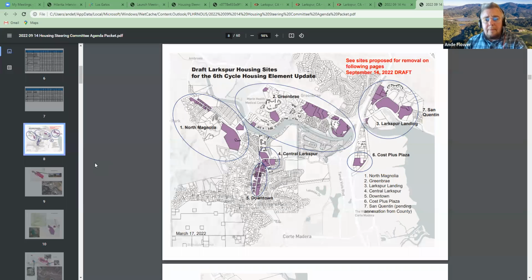We know that we have to provide a lot more evidence of the reasonableness in imagining that each site might get developed over the course of this next cycle. We've also heard from some property owners, some who are in favor of considering development on their site, and others who absolutely do not want that.